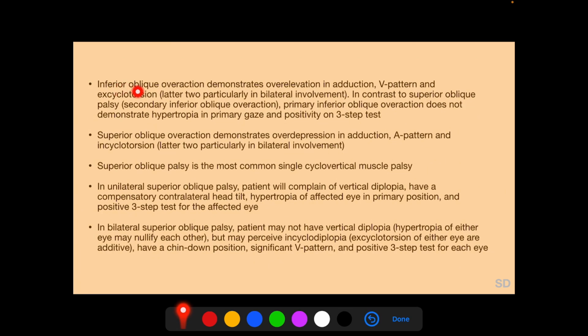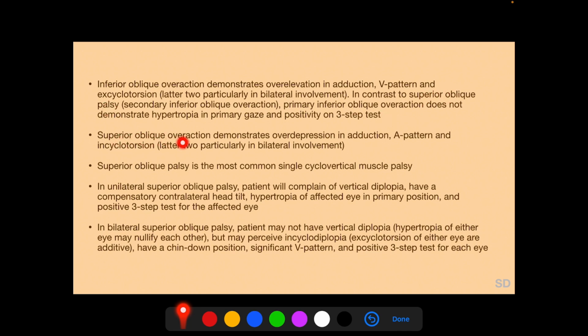Patients with inferior oblique overaction demonstrate overelevation in adduction, V pattern and excyclotorsion. V pattern and excyclotorsion are more prominent in bilateral inferior oblique overaction. In contrast to patients with superior oblique palsy who can have secondary overaction of the inferior oblique muscle, patients with primary inferior oblique overaction do not demonstrate hypertropia in primary gaze or positivity on three-step test, which are features of superior oblique palsy.